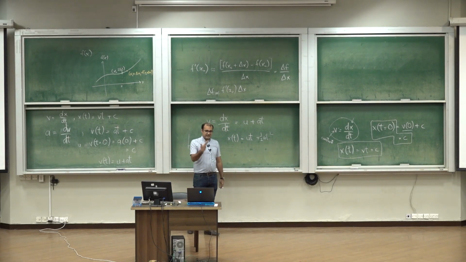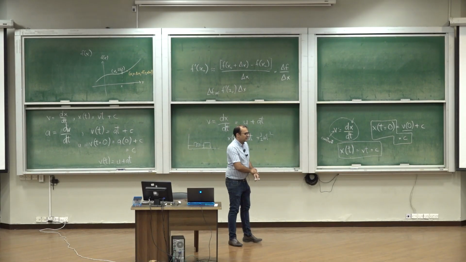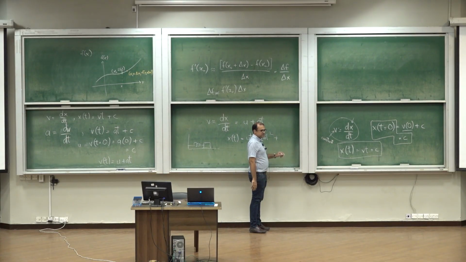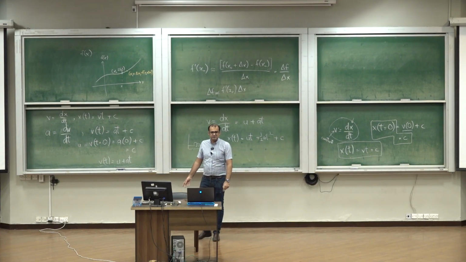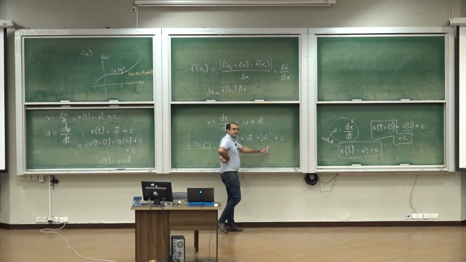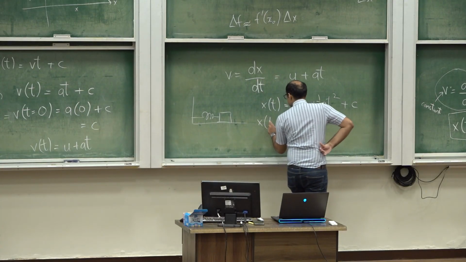You cook up a guess, see if it works. If it doesn't, modify your guess. It's very straightforward. Plus, of course, you need a constant. Again, this is not the same as the previous constants, but I'm using the same symbol. What is the physical meaning of this constant? Again, put in t equal to 0.